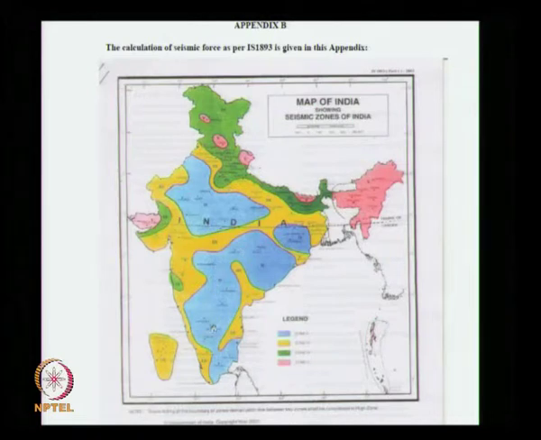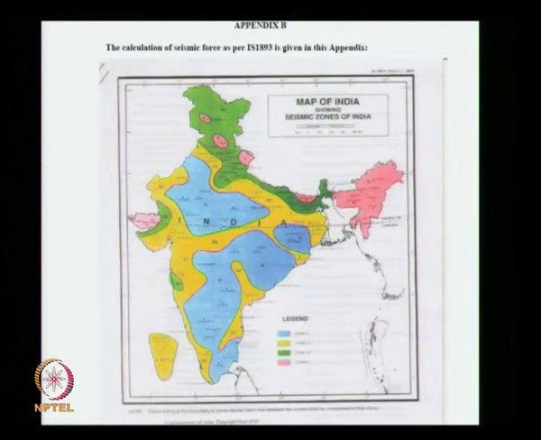So this blue color you can see, these are all zone 2, where the intensity is less. Then the pink color, the intensity is high. Where are the pink colors in India? Gujarat, northeast, then the Andaman Nicobar Islands.